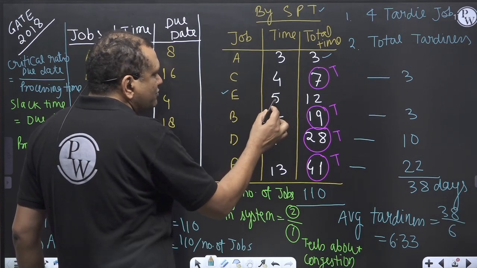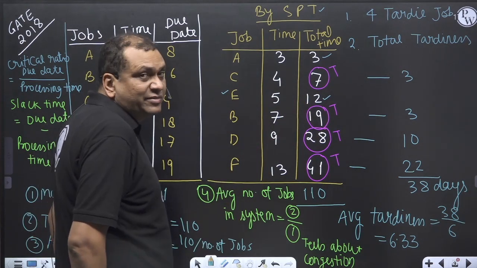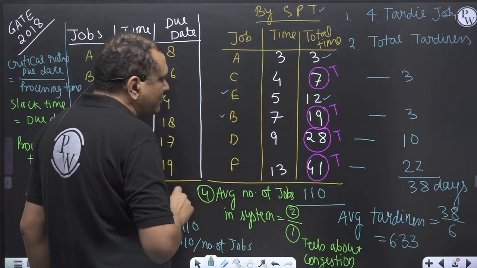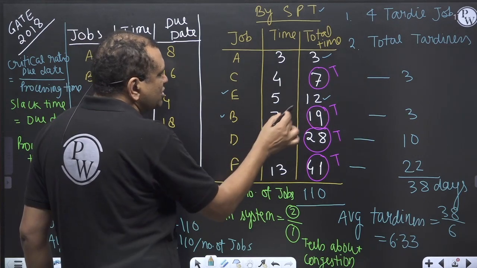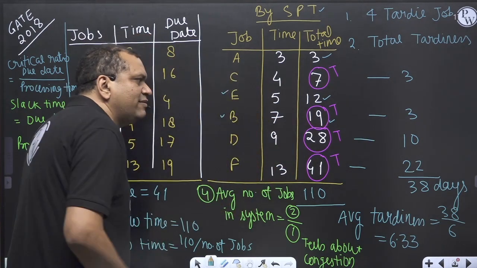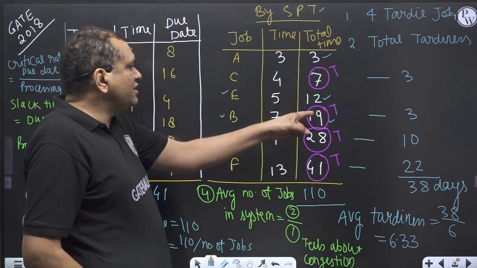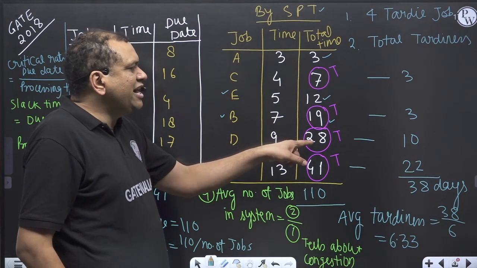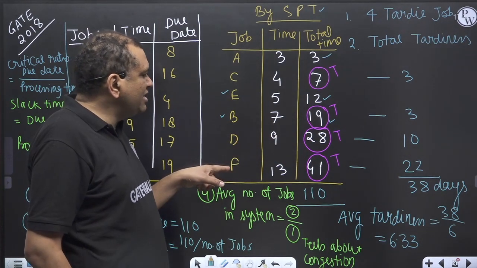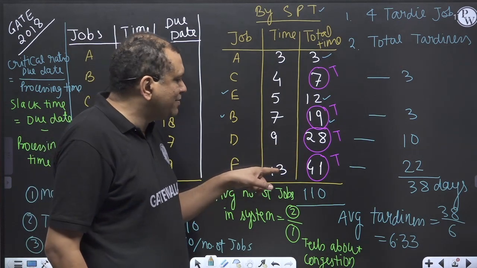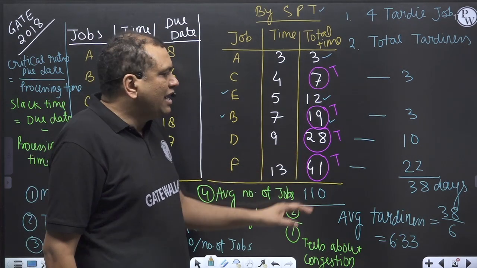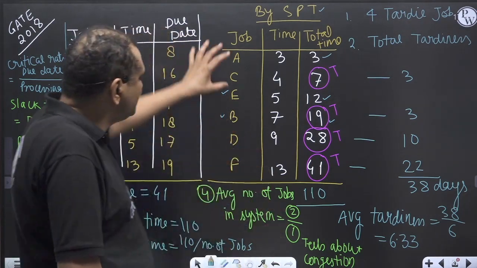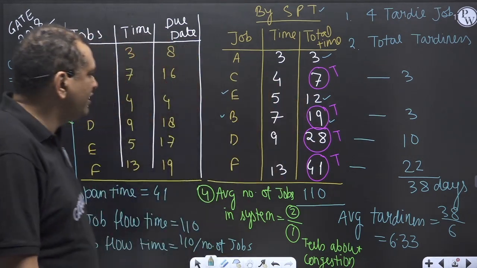So 7 plus 5, after 12 days, E will be dispatched. After E, B will come into the system. B consumes 7 days. 12 plus 7, after 19 days, it will be dispatched. After that, D will come into the system. So 19 plus 9, after 28 days, D will be dispatched. And similarly, F will be dispatched after 28 plus 13, after 41 days. After 41 days, one batch can be dispatched from our workshop. A batch of 6 pieces will be dispatched in 41 days.